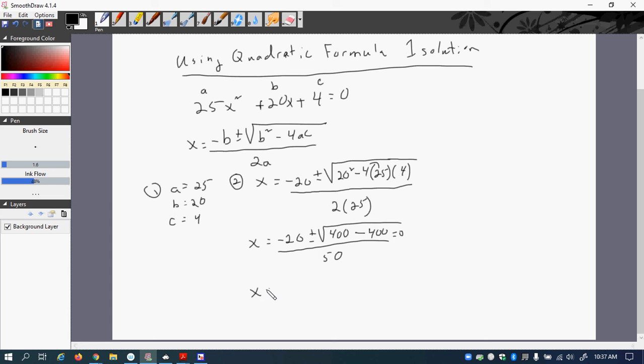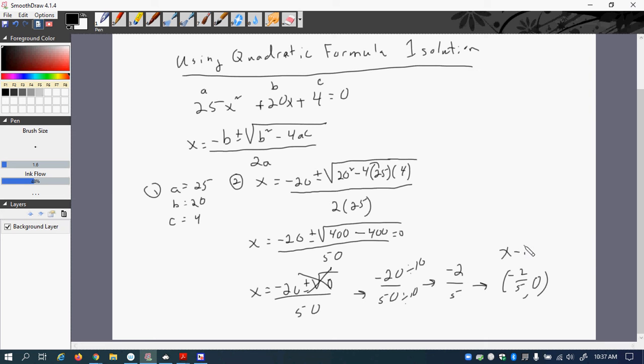So that becomes x equal to negative 20 plus or minus the square root of 0 over 50. And so this goes away. And so there is no plus or minus, only a negative 20 divided by 50. And we can divide top and bottom by 10 to simplify, and so we get negative 2/5. So my final answer becomes negative 2/5, 0, because it is an x-intercept.